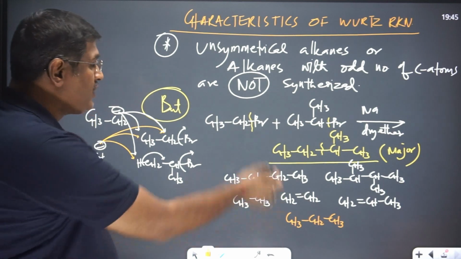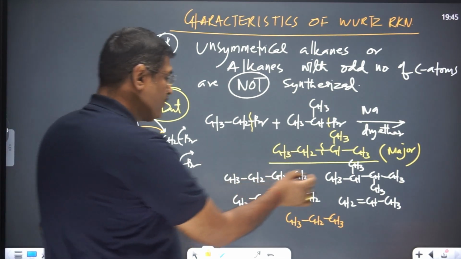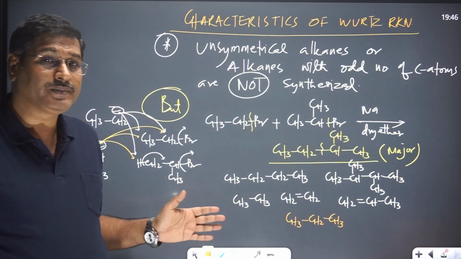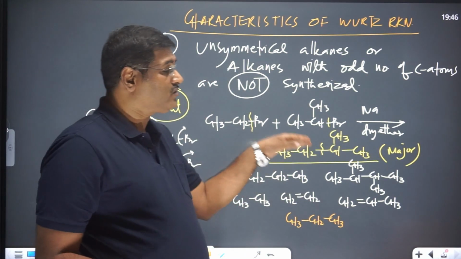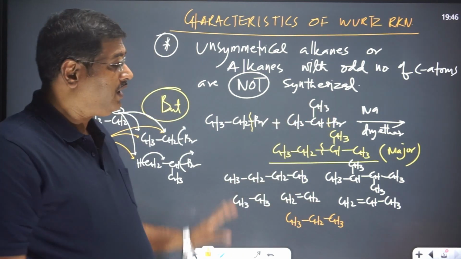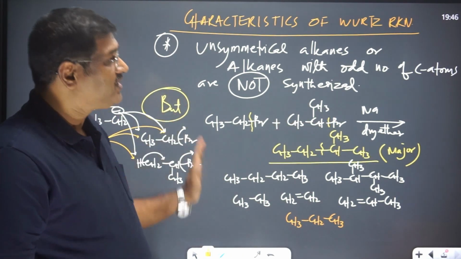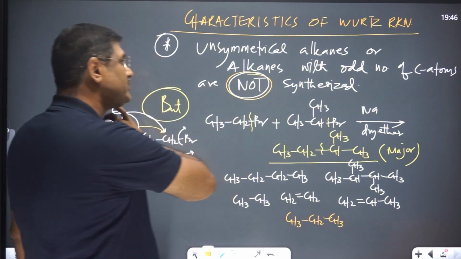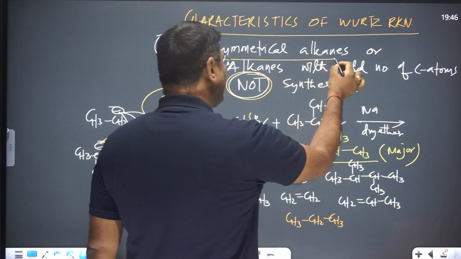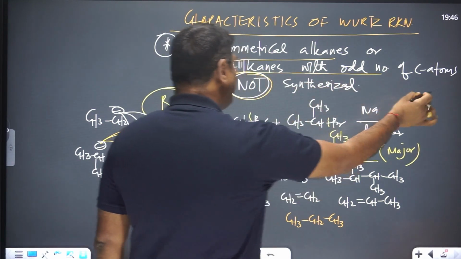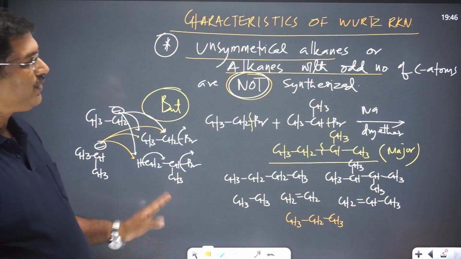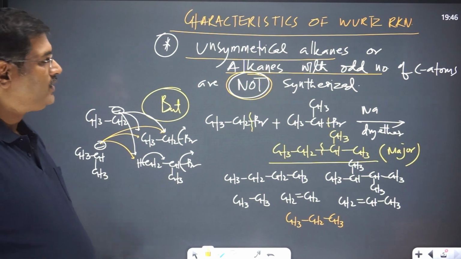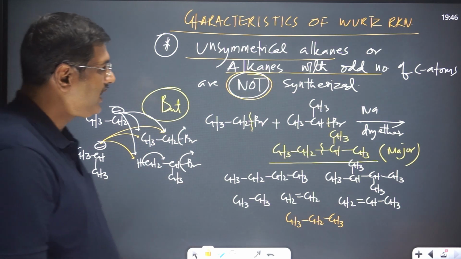So these many products are there: 1, 2, 3, 4, 5, 6, 7. Total 7 products are there. And in that one, this one is relatively major, and that's the reason it is said that unsymmetrical alkanes, or alkanes with an odd number of carbon atoms, are not synthesized. Okay, I hope you got it. This is one of the important things, right?